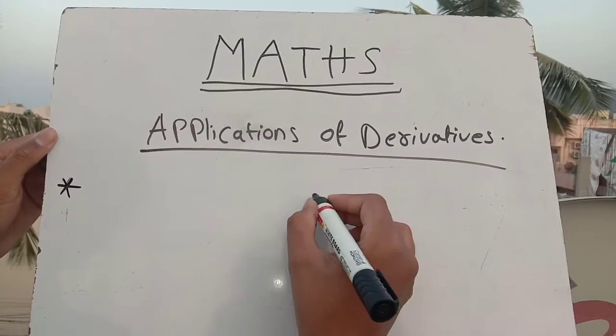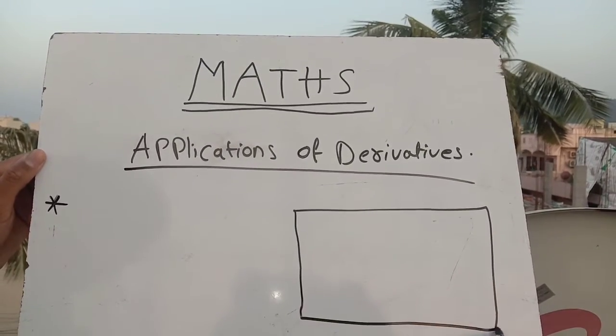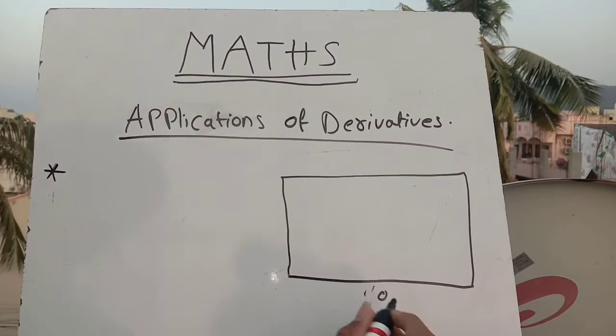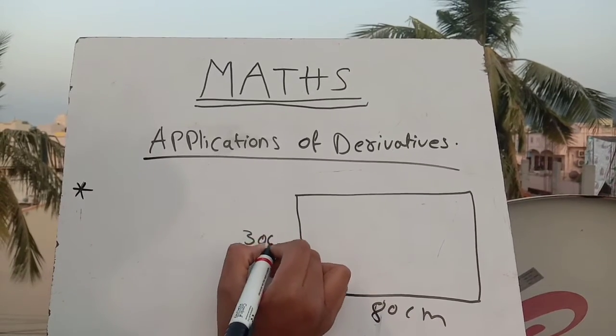So the problem has given that there is a rectangular sheet whose length is 80 centimeters and breadth is 30 centimeters.